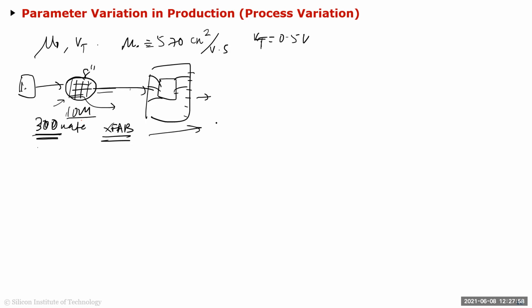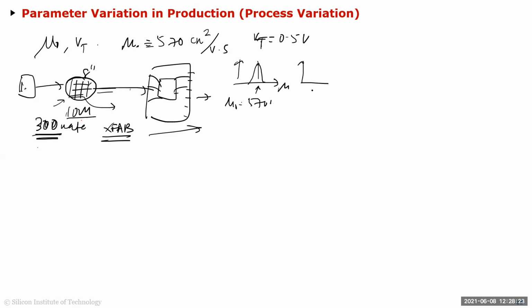So when I get 10 million chips, I measure them. All of them, let's say mu naught came out to be 570. There is a local variation, and that's what we call local mismatch. So if I draw the graph of mu versus number of chips, they will be all around 570, but they'll actually have a Gaussian variation. This is what's called local variation.